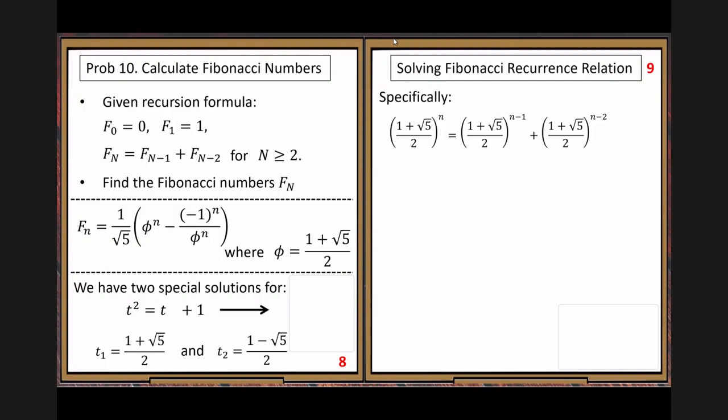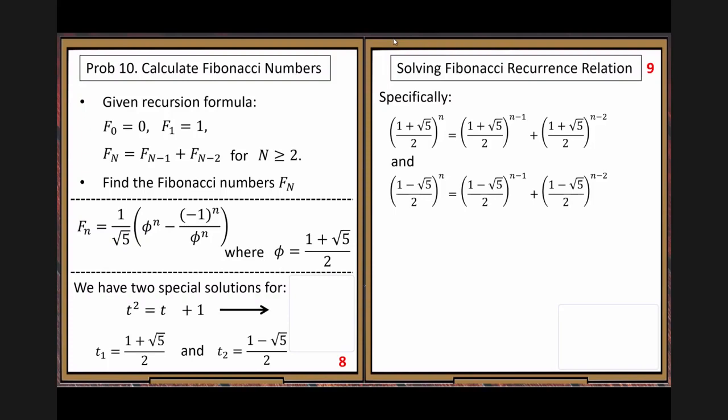Plugging in the second solution into that sequence equation, we get the second equality. Both correct, right? So we have two special solutions.